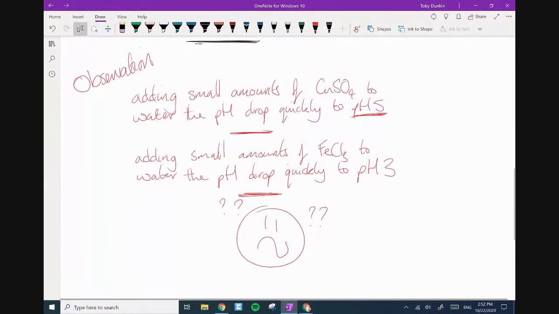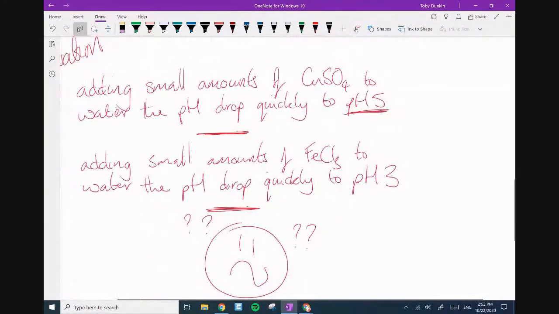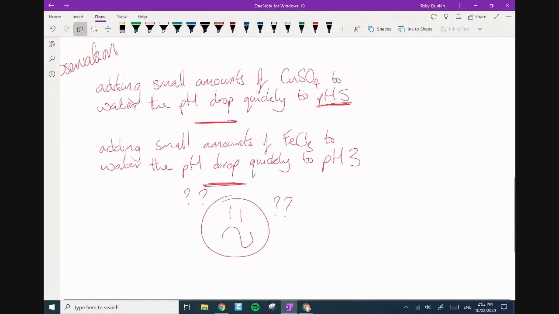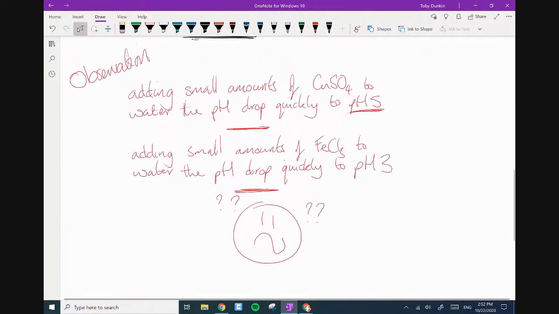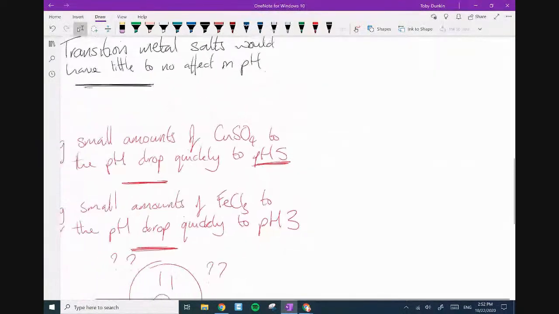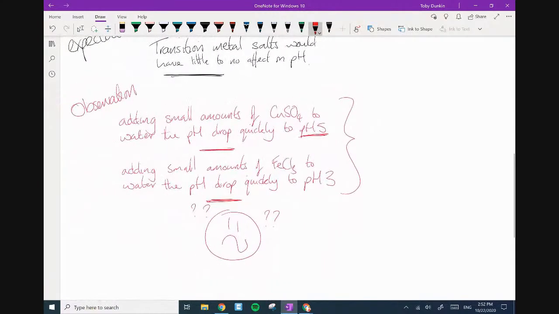Now, these observations, which we would have done in class, by the way, but we can't, obviously. So what I now need you guys to make the notes about, this is the important bit. Metal 2+ ions, M2+, pH 5.